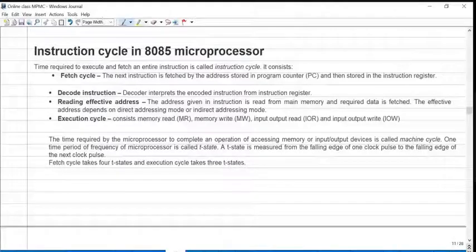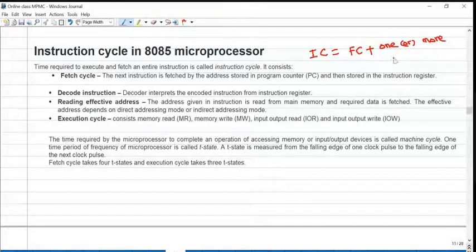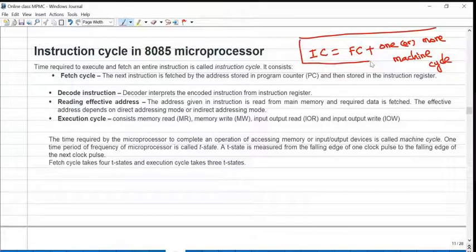Please remember, instruction cycle equals fetch cycle plus one or more machine cycles, depending on the instruction.